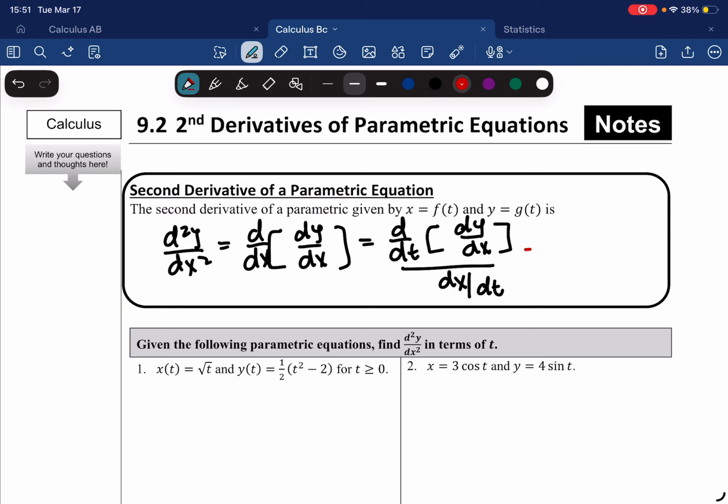All this is saying is that we need to take the derivative of dy/dx and then divide by the derivative x of t.